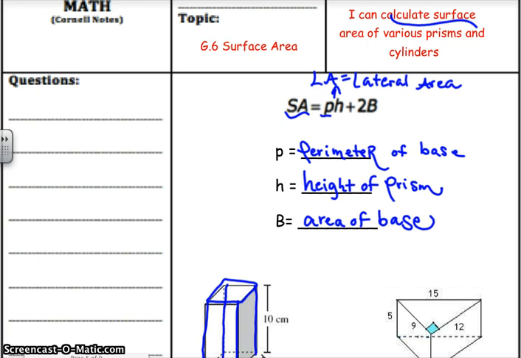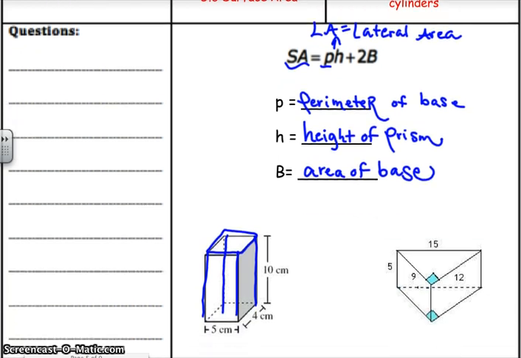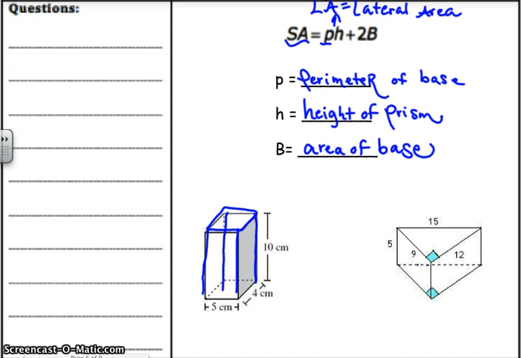Lateral, I think ladder is tall. So what I'm really doing with lateral area is finding the tall faces. That's finding this, finding the back, finding the side, and all I have left is the top and the bottom, the area of the base. So what I have left is 2 big B, and big B is the area of the base.